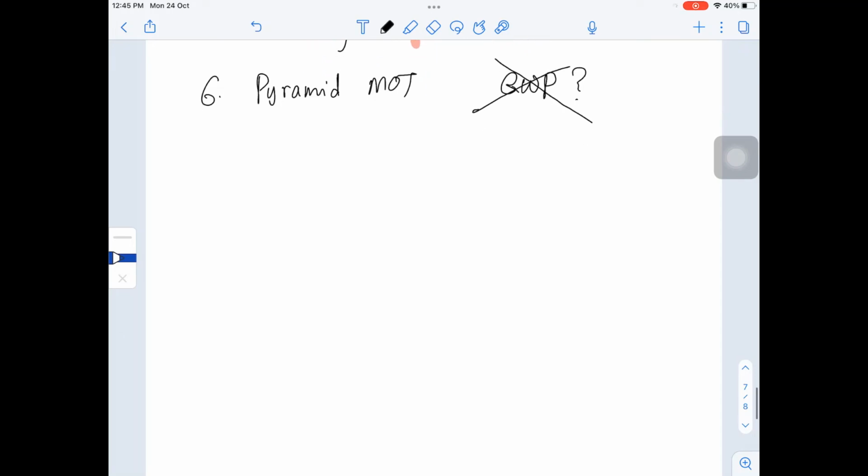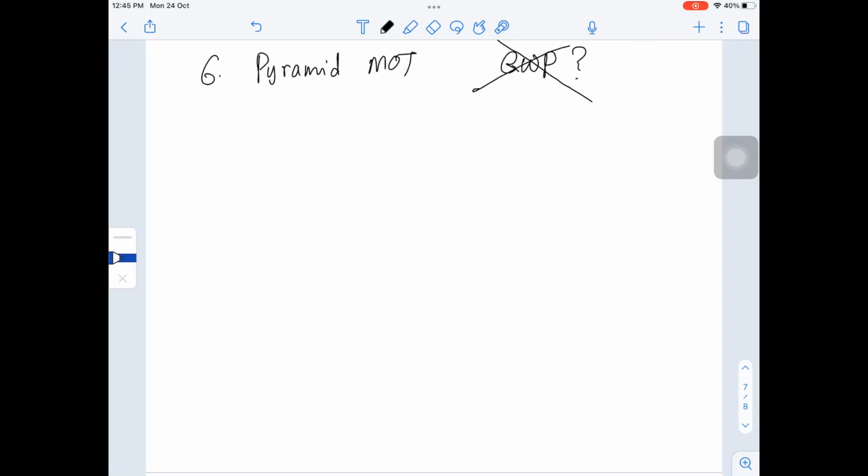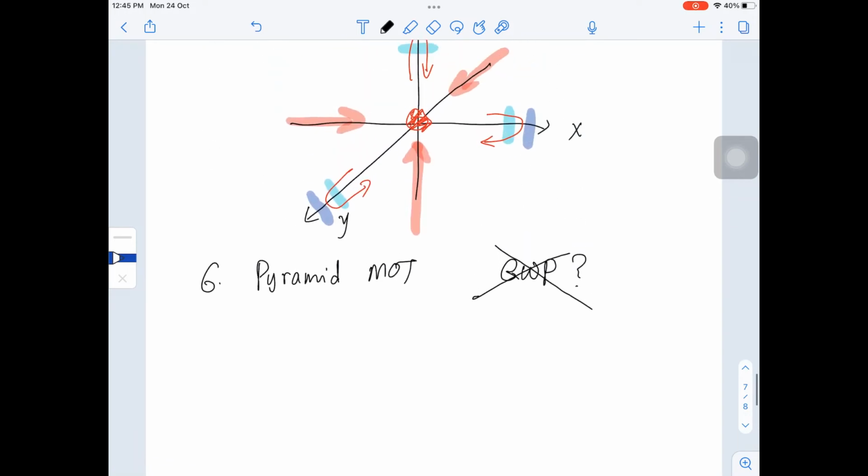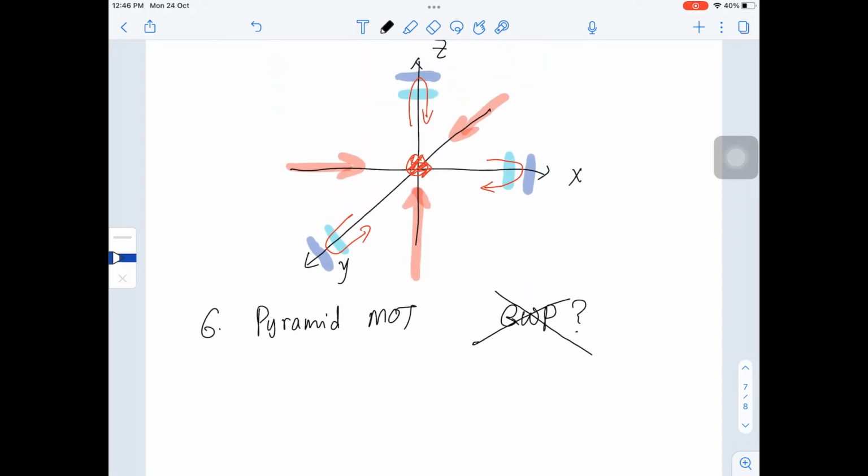Here I don't need to analyze the quantization axis anymore, because as long as we figure out the handedness of the light beam, we can know whether it's gonna work or not.